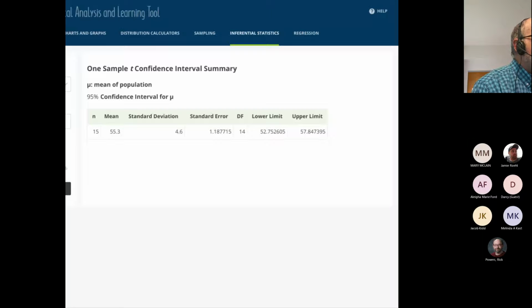Okay, so now that we've done that, now we need to talk about how this works, right? The first thing that I want you to know is that we have what are called T-scores with this.